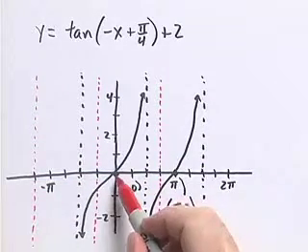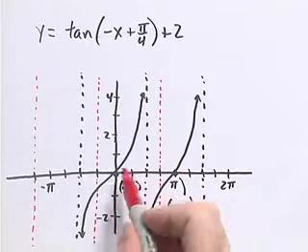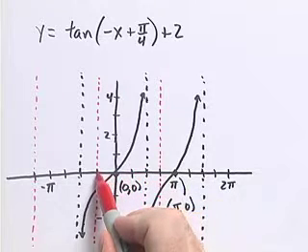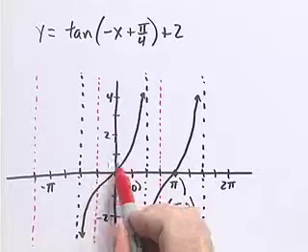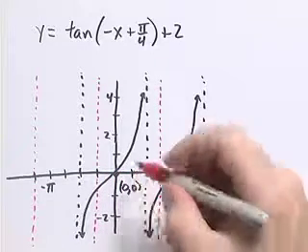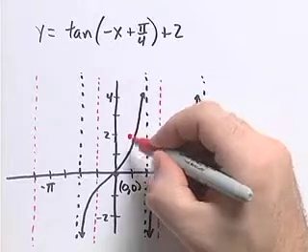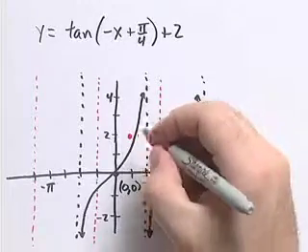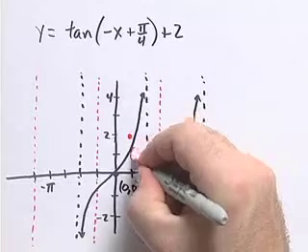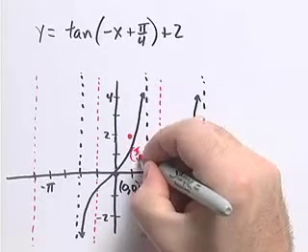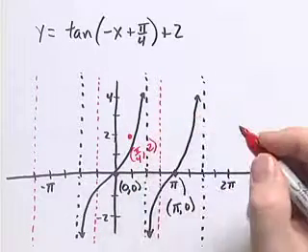Next, we'll apply our transformations to the 2 points. 0, 0, we go left pi over 4 units. Reflect around the y-axis. And then we're going to shift up 2 units. That puts us right there. And so this point will be pi over 4, 2.